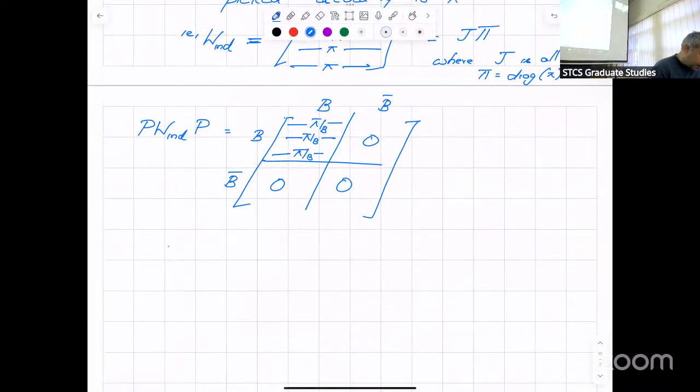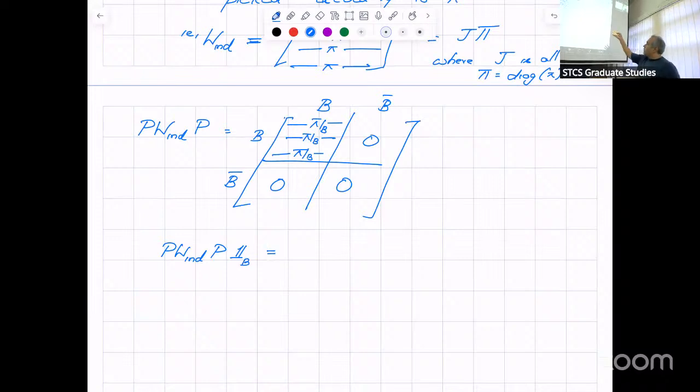Now once this is clear, let's see what W_ind P does to the all ones vector, which is 1_B. If you multiply this by 1_B, I claim what you're going to get is pi(B) times 1_B. Therefore, this is rank 1, and this is the only vector it acts on.